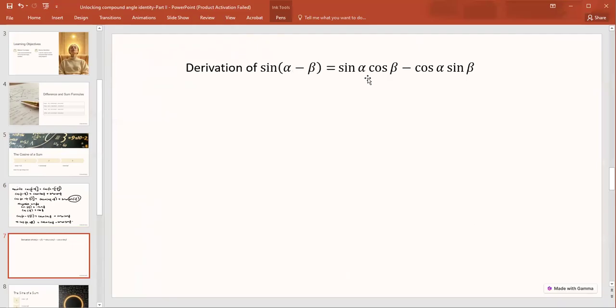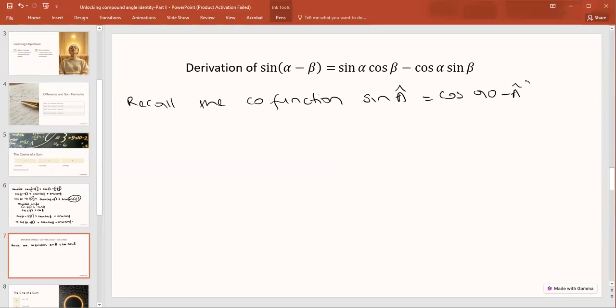Okay, now let's move on to deriving the identity, which states that the sine of alpha minus beta is equal to sine of alpha times cosine of beta minus cosine of alpha times sine of beta. So in an attempt to prove this, you're all encouraged again to recall the co-function given by sine of the angle A is equal to cosine of 90 minus the angle A. I hope you still remember this.